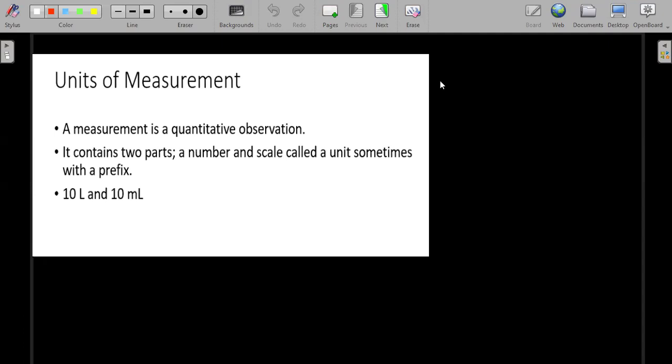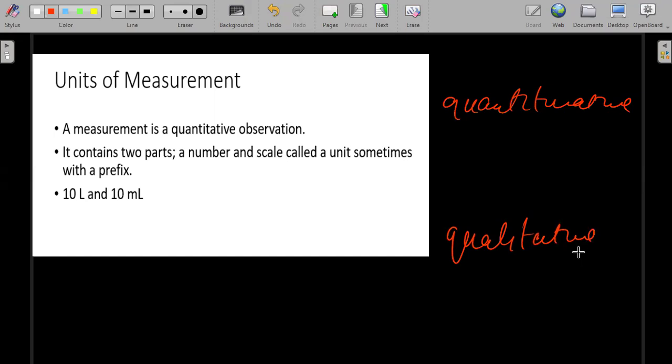Okay, so let's start. Now, we have two types of measurements, okay? So there's what we call quantitative measurements, and what we call qualitative measurements, okay?